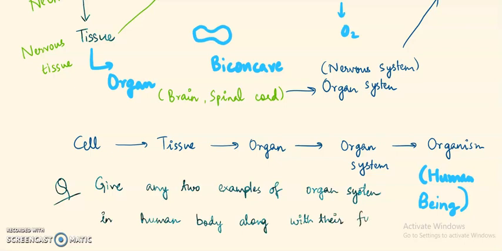This is your question from this video, right? So you have to tell any two examples of the organ system in your body, and along with that you need to tell their functions. In case of any problem, you can reach out to me.